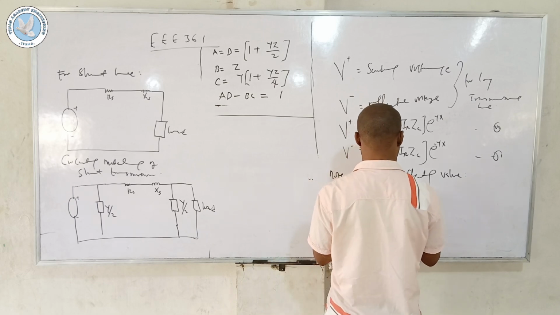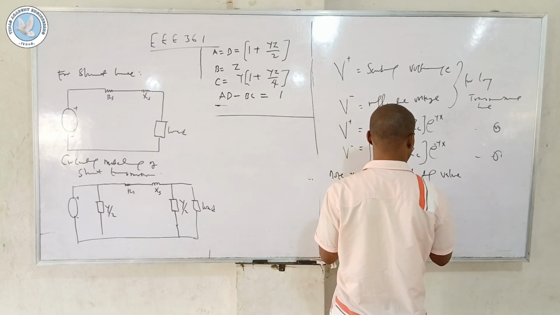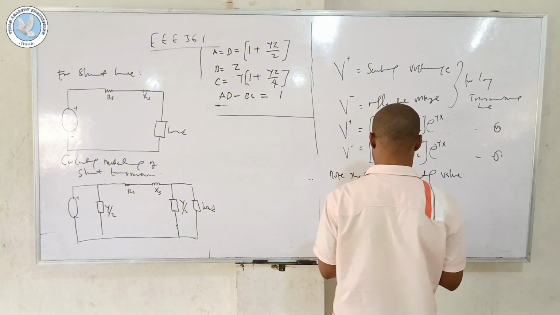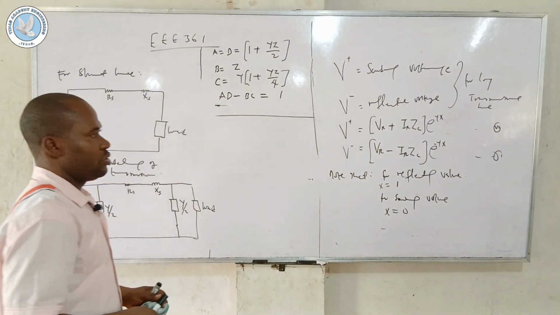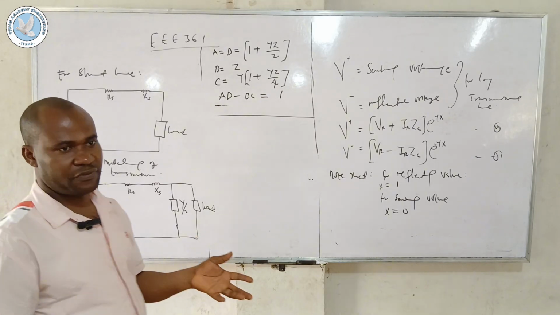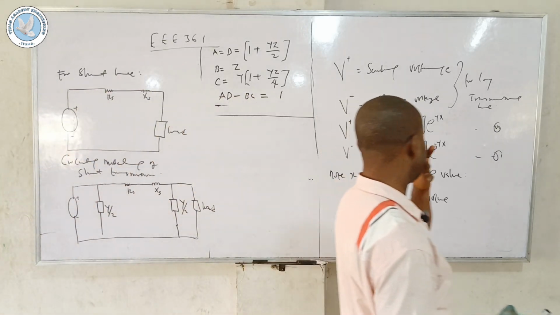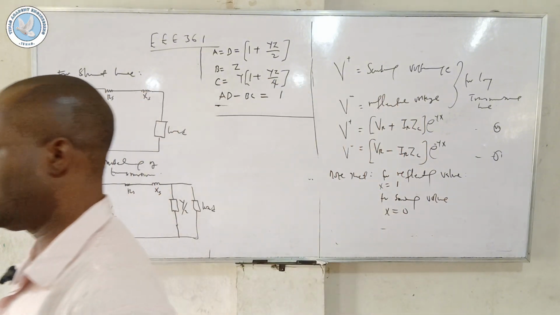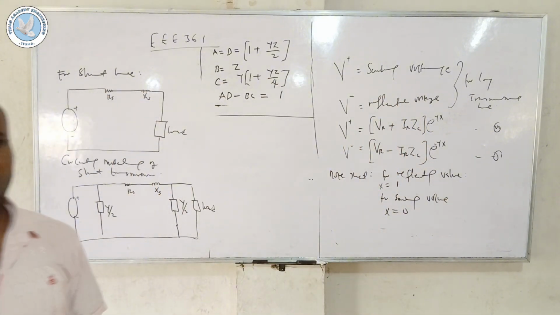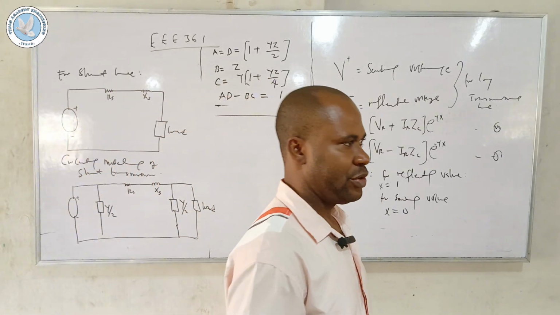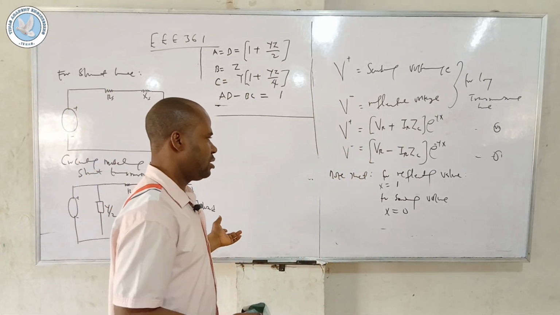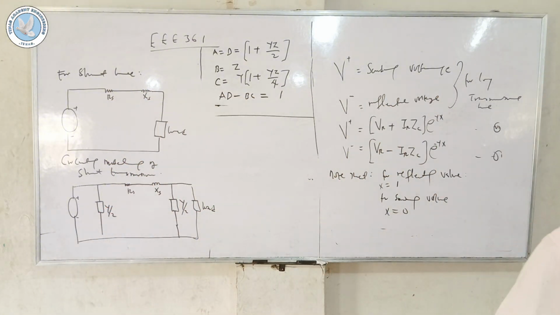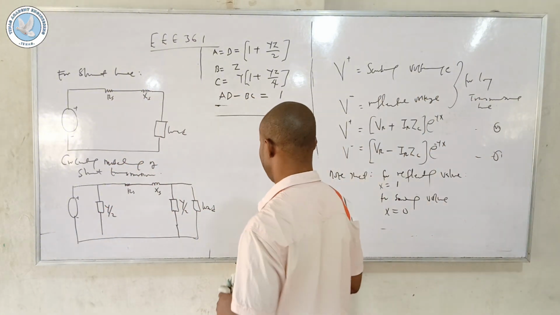So instead of using the trig form, we can also use exponential form to calculate your transmission line parameters on the long line. The other formula we use trig, but this one is your exponential relationship. So please, I want you to take notes of all this so that you can be guided when you are solving equations. Thank you.